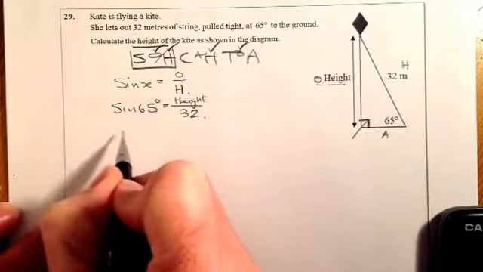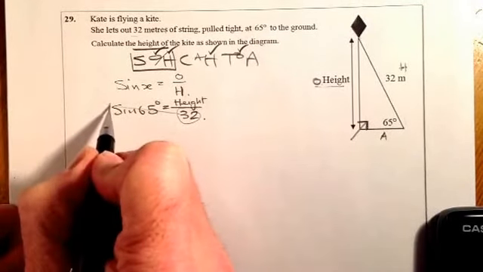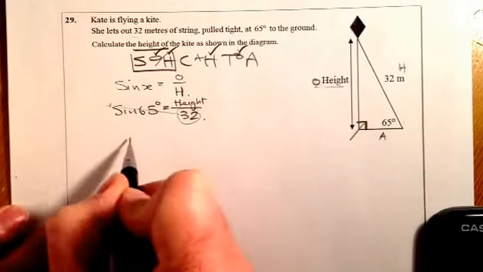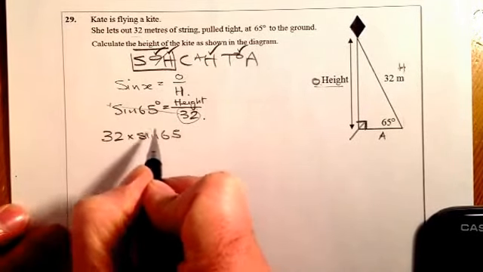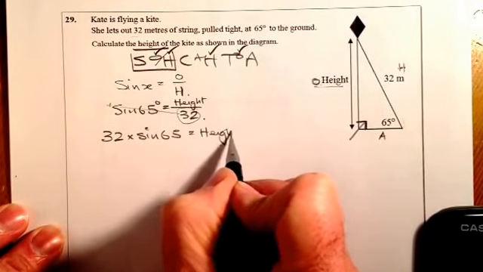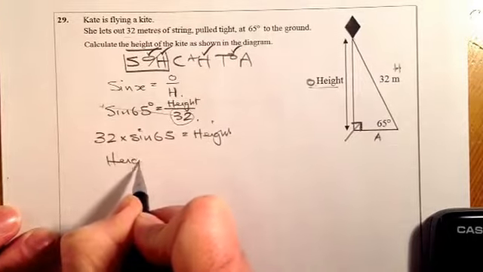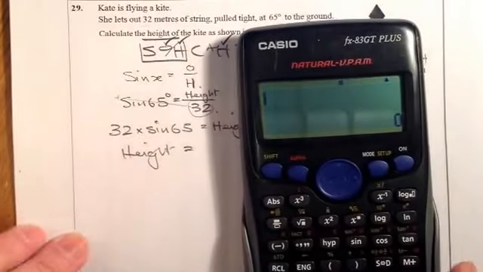From there, to get rid of this 32 on that side, I'm going to multiply over here. So I know that the height is just going to be equal to 32 times the sine of the angle. So the height is equal to, let's just do that in the calculator.